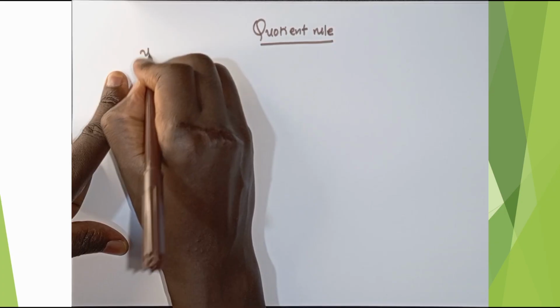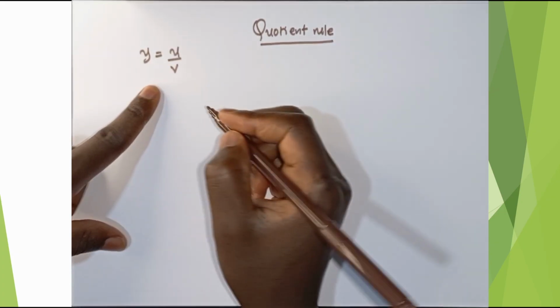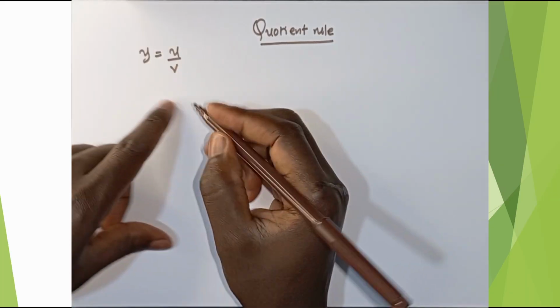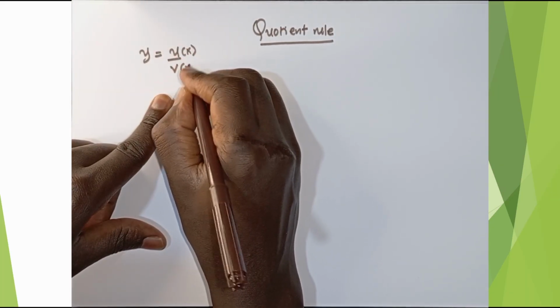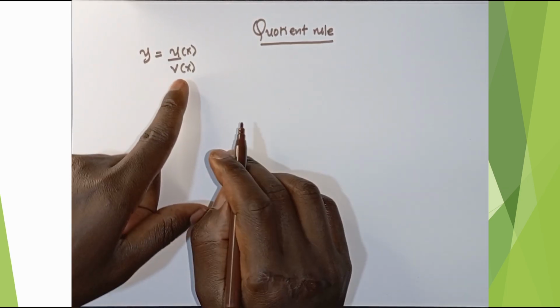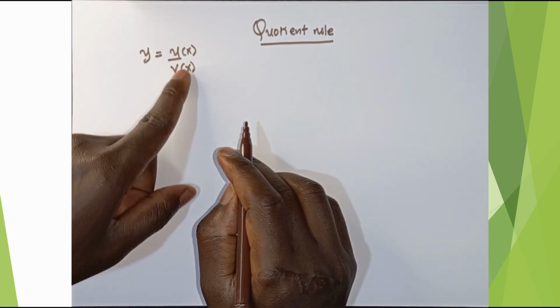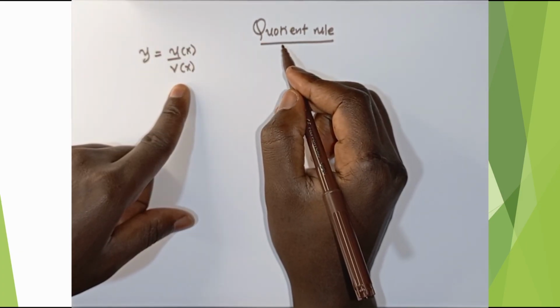So if you have y is equal to u out of v, this is the kind where u is a function of x and also v is a function of x. To differentiate such, to find the dy by dx of this, we use what we call the chain rule.